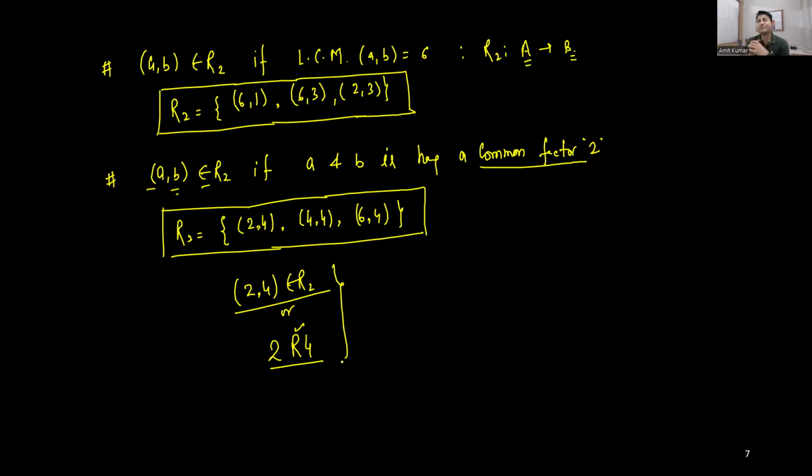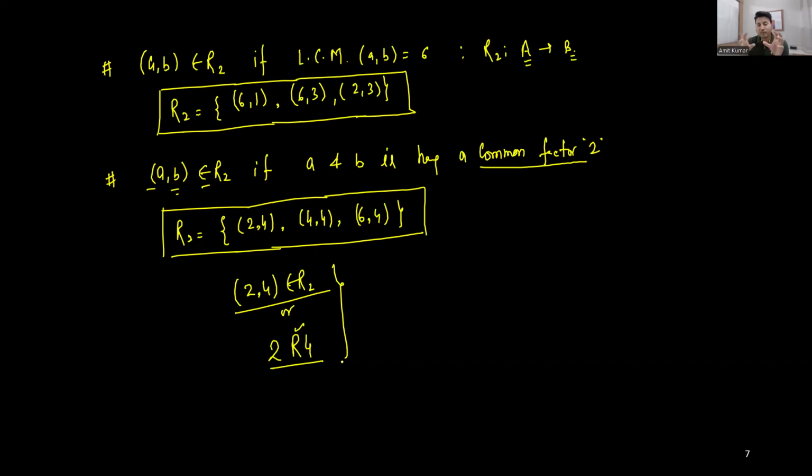We can take some real life examples. For example, we are having two collections of straight lines. (A, B) belongs to R if A is parallel to B. So list all those ordered pairs having both lines parallel to each other. In place of parallel, we can say they are intersecting each other at a right angle.